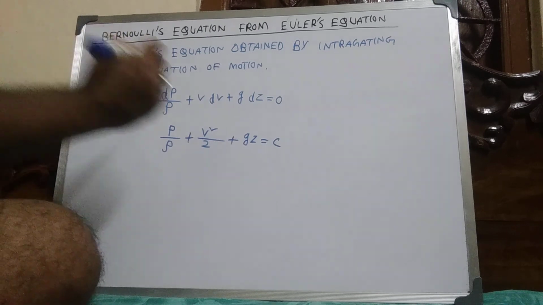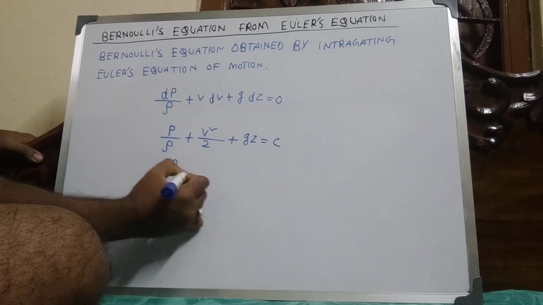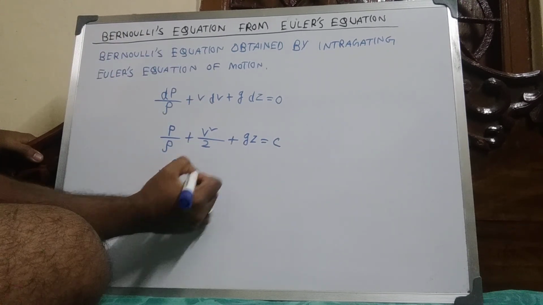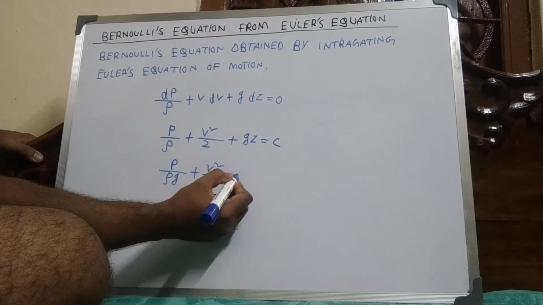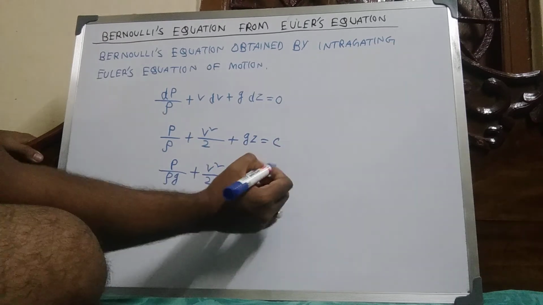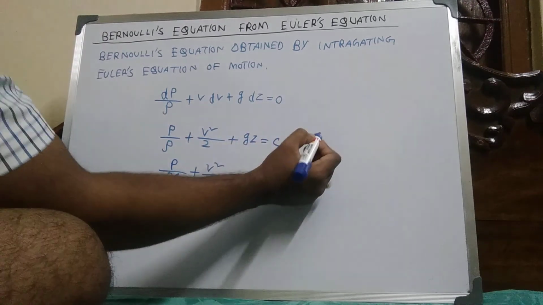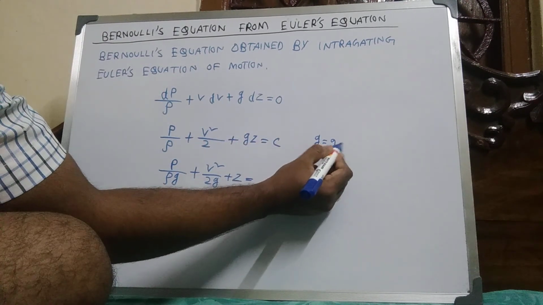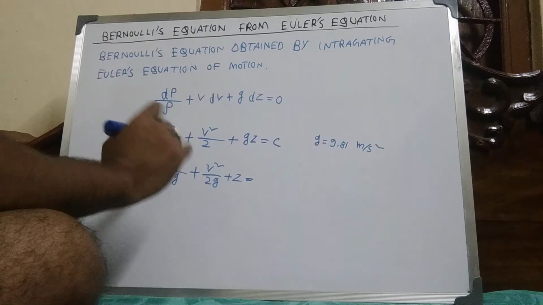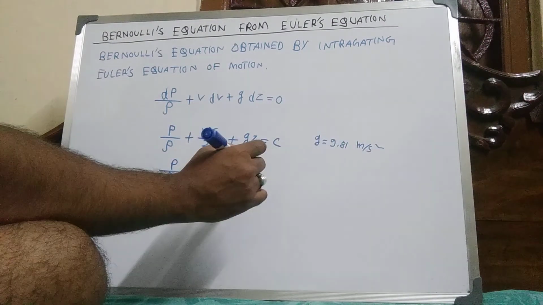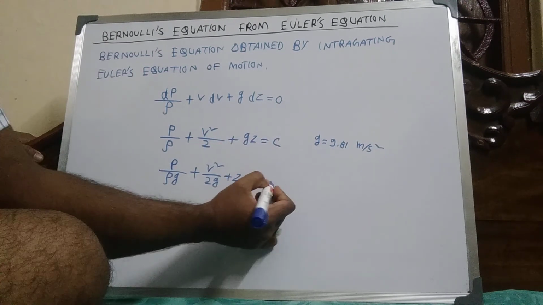You can write it as p by rho g plus v square by 2g plus z equal to constant. The g value is 9.81 meter per second square. Since g is divided through, this value is also constant.